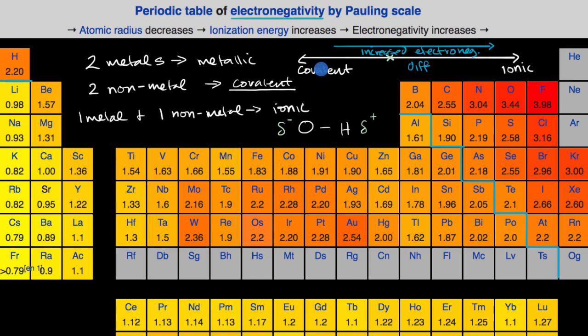Now the other question is, okay, this is a spectrum between covalent and ionic. What about metallic? Well, metallic bonds are in general going to be formed if you have two things that are not so different in electronegativity, and they both have reasonably low electronegativities. So that's why if you have two things from the bottom left forming bonds with each other, you're likely to have metallic bonds.